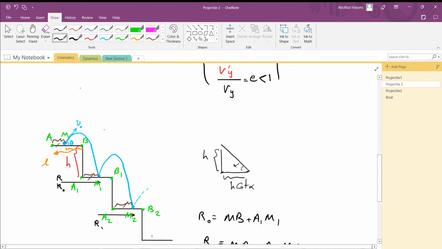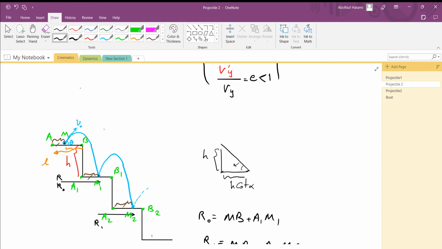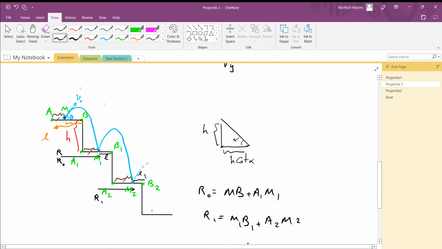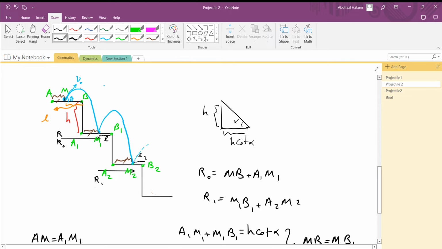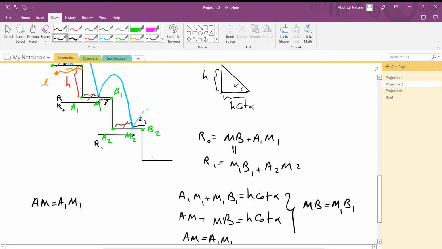What does it mean? It means that this part MB, which is equal to L, should be equal to M1B1. So this should also be L, and M2B2 should be L, and also MnBn should be L. So we understood that MB is equal to M1B1, and also A1M1 is equal to A2M2.